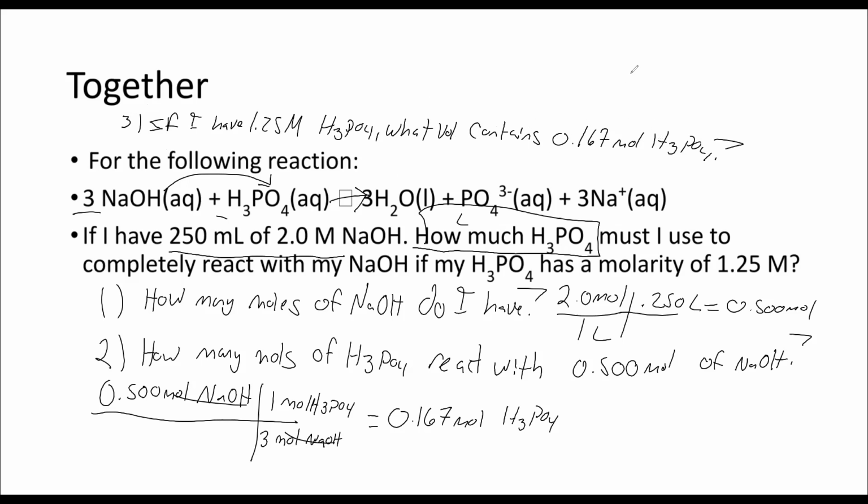So I'm going to start with my 0.167 moles of H3PO4. In molarity, remember that's moles divided by liters, so for every 1.25 moles of H3PO4, that's 1 liter of H3PO4. Moles cancel out. Do the math.